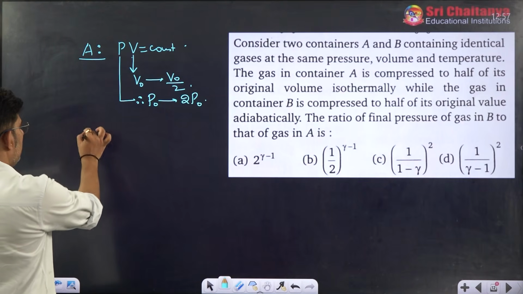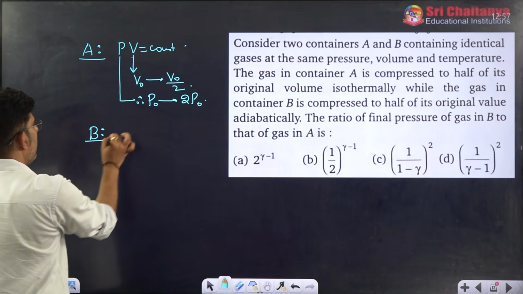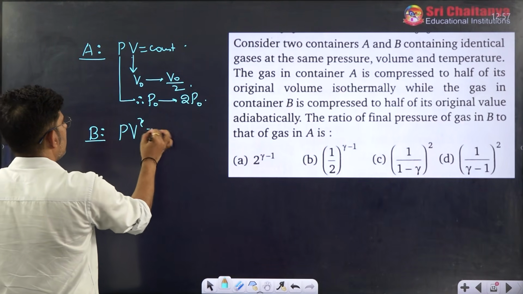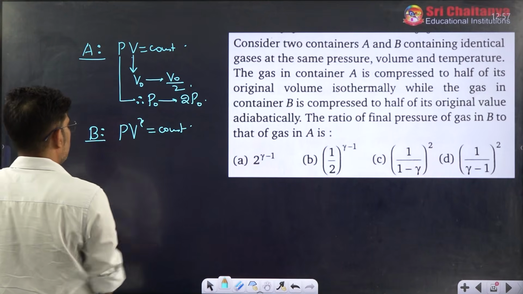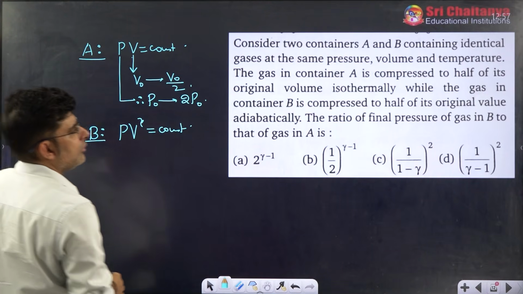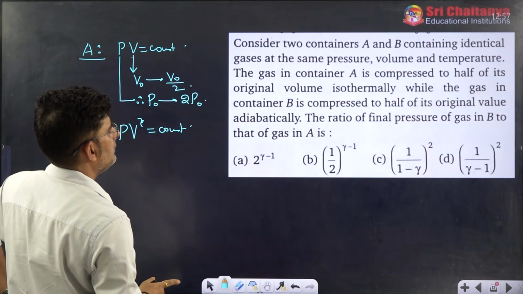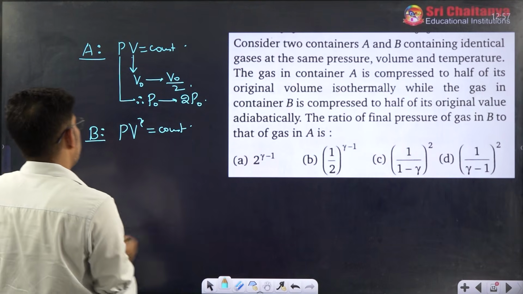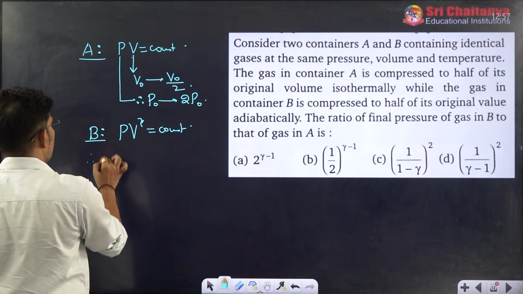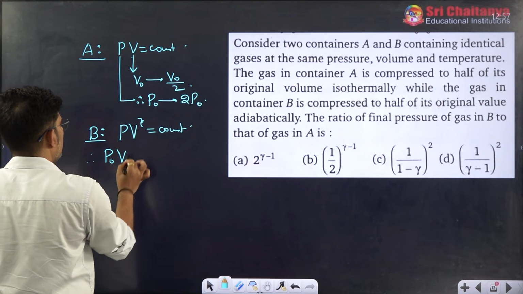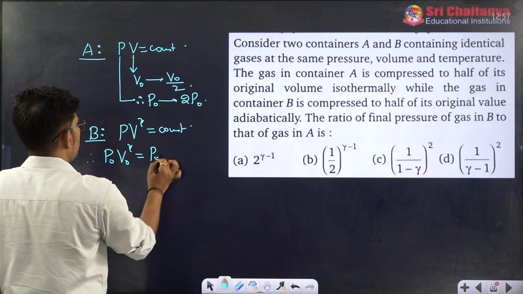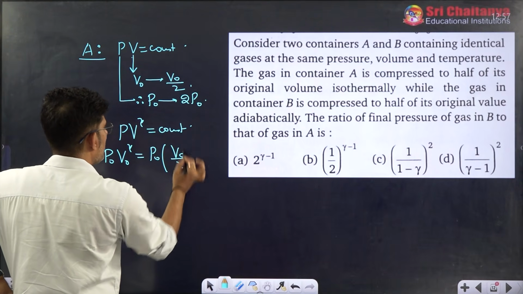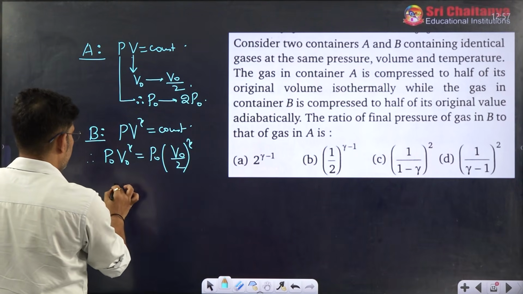Now let's see B. For B we have PV to the power gamma is constant. In this case also gas is compressed but adiabatically. So P0 V0 to the power gamma equals P final times V0 by 2 to the power gamma. So V0 to the power gamma cancels.